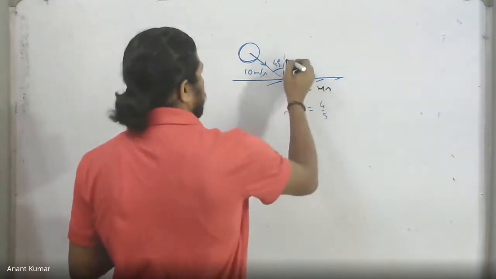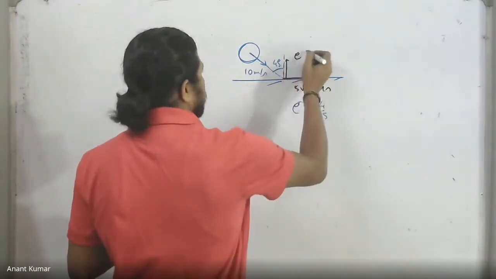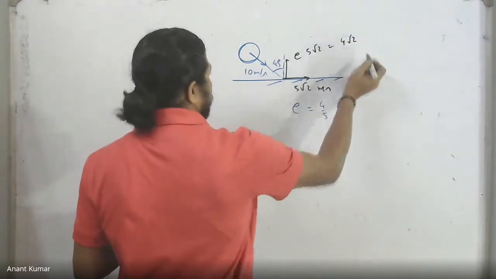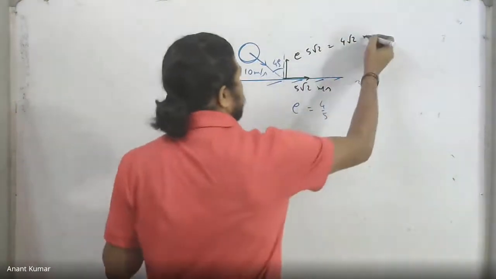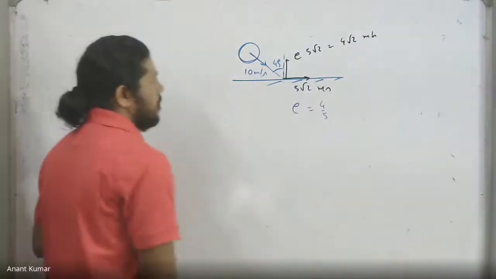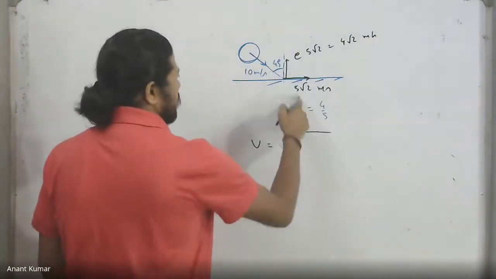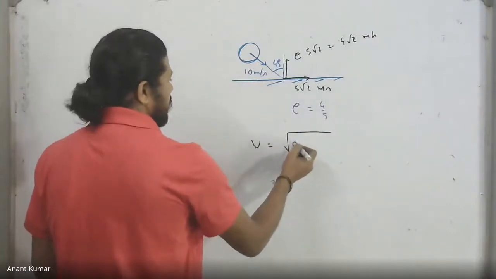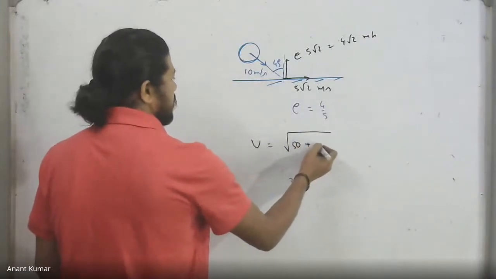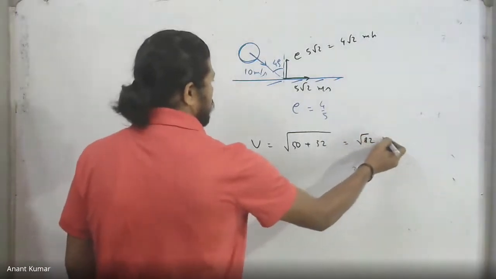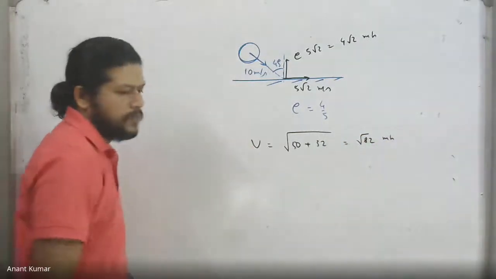In this direction, the velocity will be e times 5 root 2, which implies 4 root 2 meter per second. And therefore, total speed will be root of 50 plus 32. So I get root 82 meter per second.